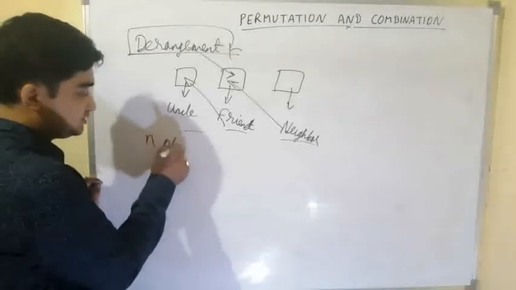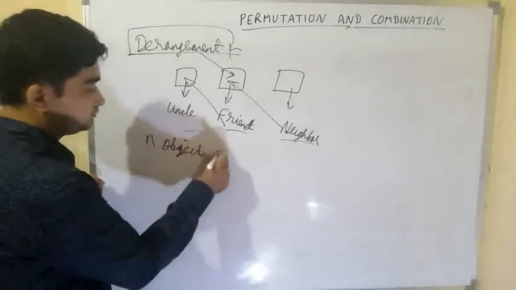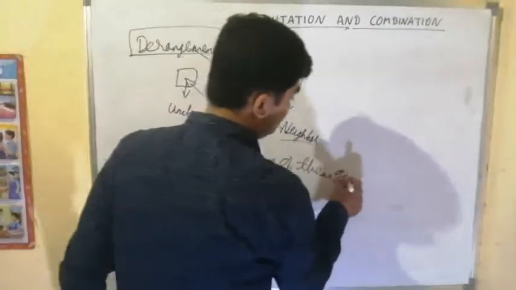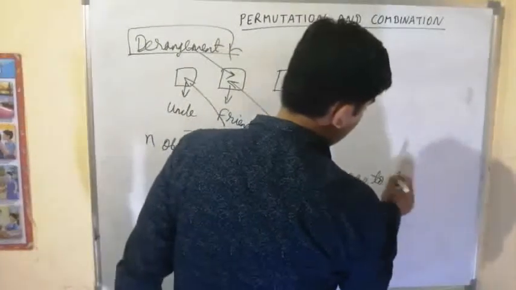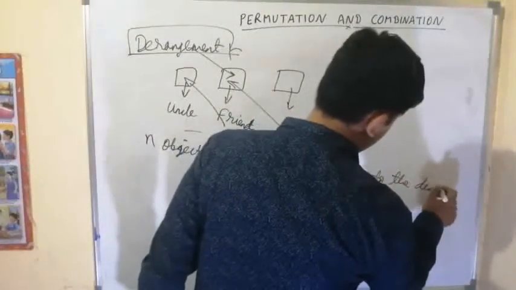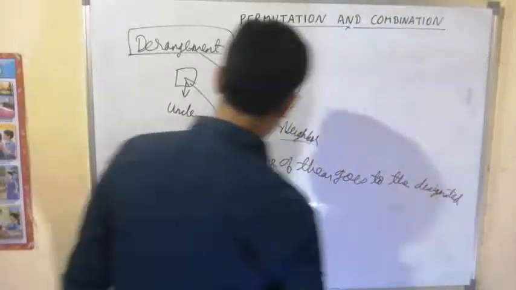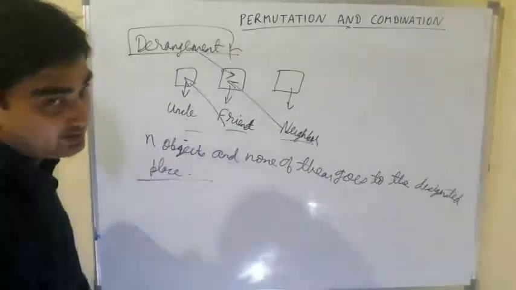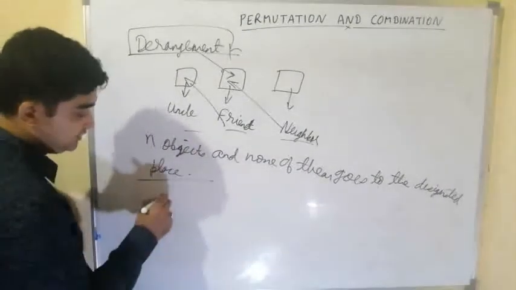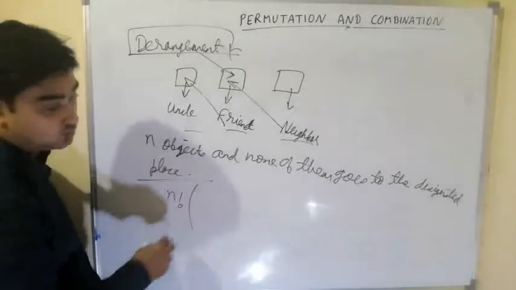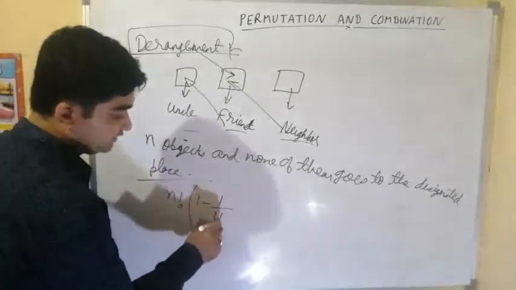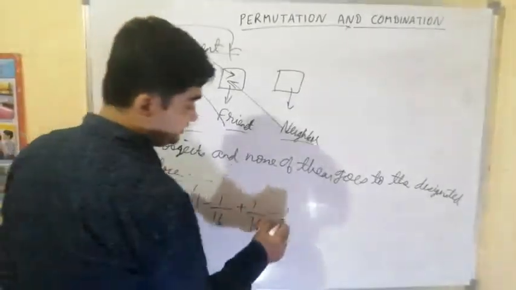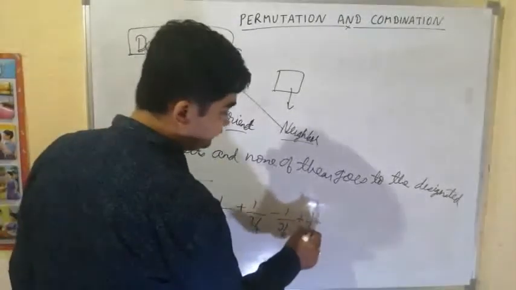If there are n objects and none of them goes to the designated or correct place, then the number of ways in which this can happen is n factorial into 1 minus 1 by 1 factorial plus 1 by 2 factorial minus 1 by 3 factorial plus 1 by 4 factorial.